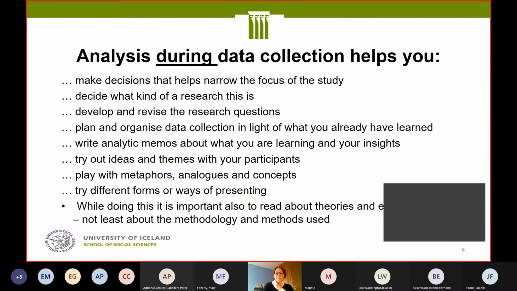And then it's interesting to play with metaphors and analogies and different kinds of concepts to describe what you're finding in the data.